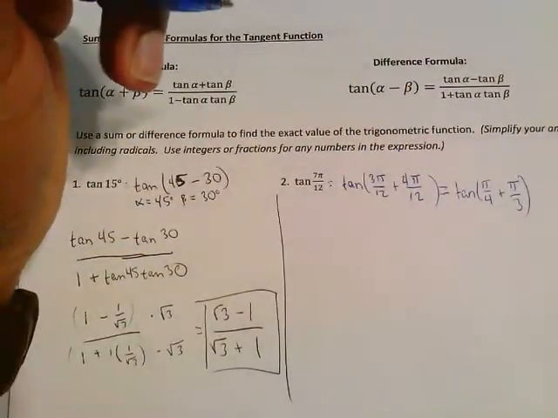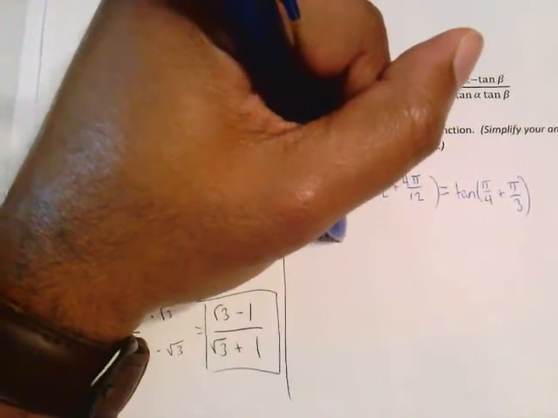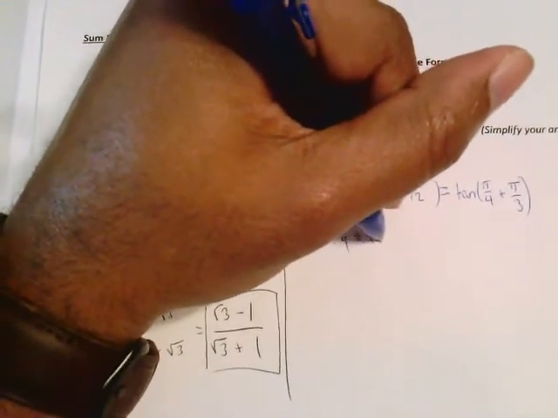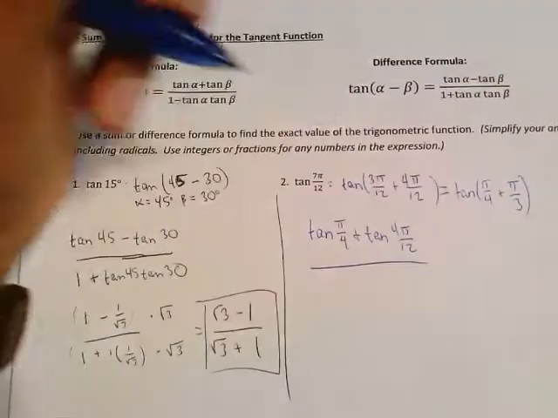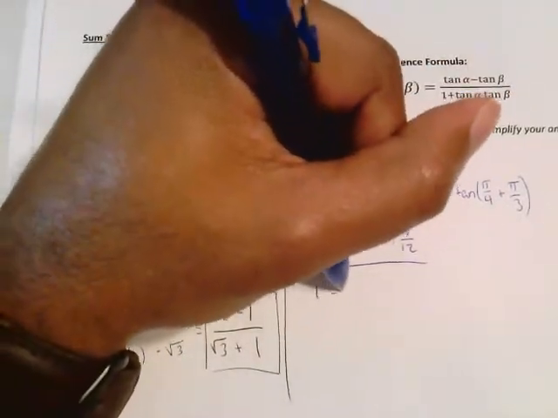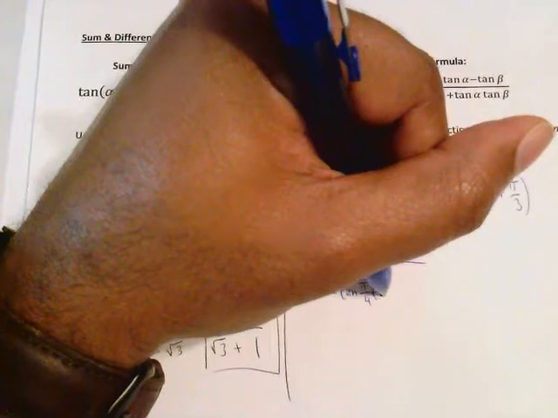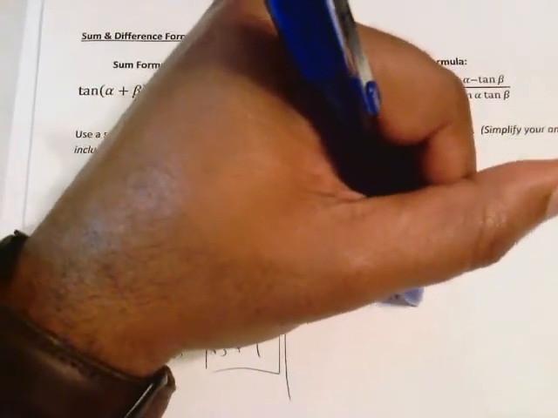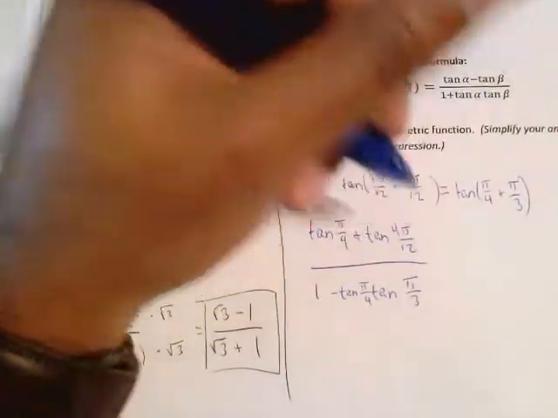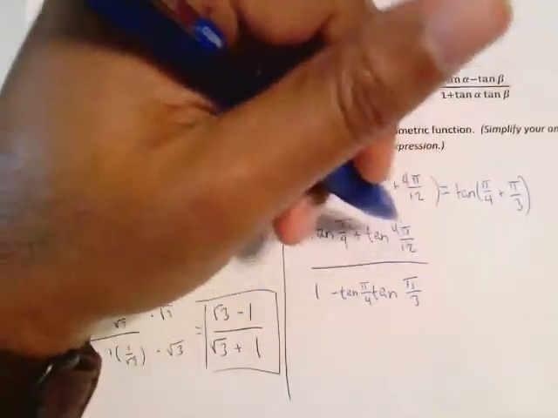So we're using the sum formula, so tangent pi over 4 plus tangent 4 pi over 12 all over 1 minus tangent pi over 4 tangent, should be pi over 3. So this 4 pi over 12 is the same as pi over 3, and we'll just evaluate it that way in the next step.